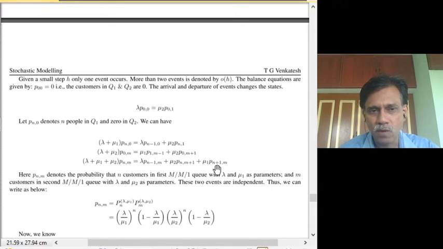So n plus 1 will become n, and whatever is in the second queue will increase by 1. To come to m, it has to be m minus 1. So this is a correction that you have to make.